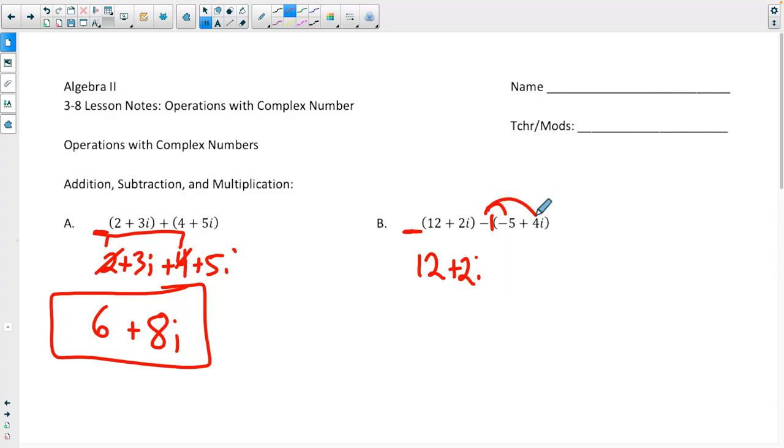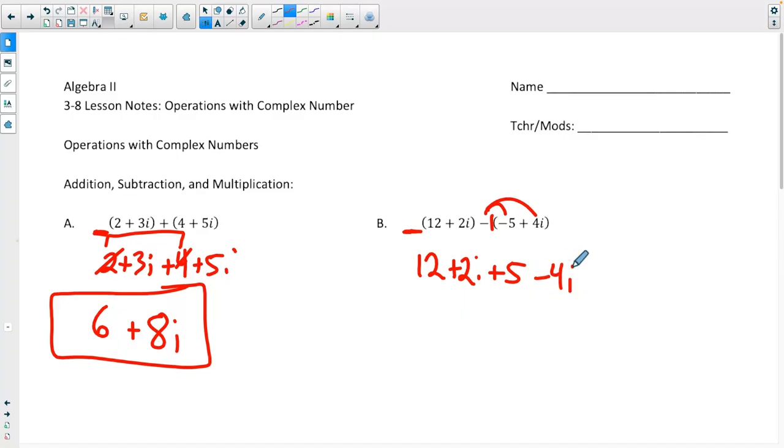Now, that is the math way of thinking about it. Non-math way of thinking about it, actually the way I think about this, is that negative is just saying take the opposite. So all it's saying to do is flip those signs. So I'm going to flip -5 to +5. And notice if you go -1 times -5, it gets you the same result. I'm also going to go -1 times +4i, and I end up with -4i.